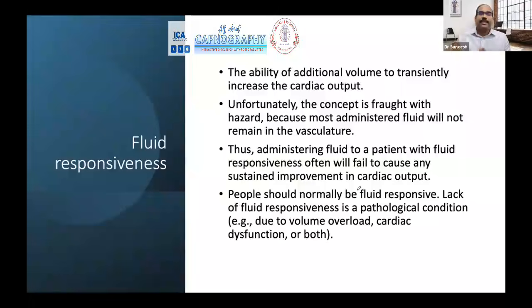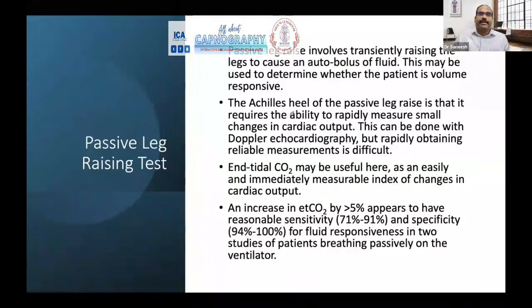If, with passive leg raising, there is a transient increase in EtCO2, that means the patient can take volume. So the patient should normally be fluid responsive. Lack of fluid responsiveness is a pathological condition. It could be due to volume overload or cardiac dysfunction. So this is a very important point.